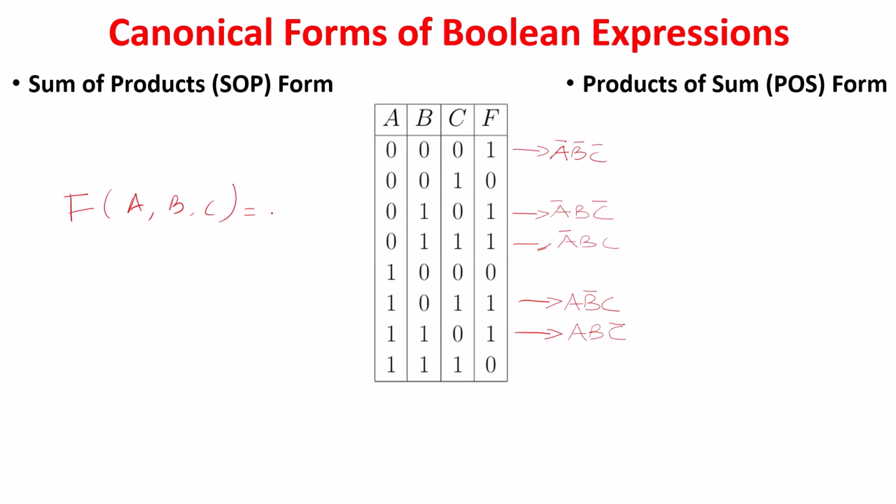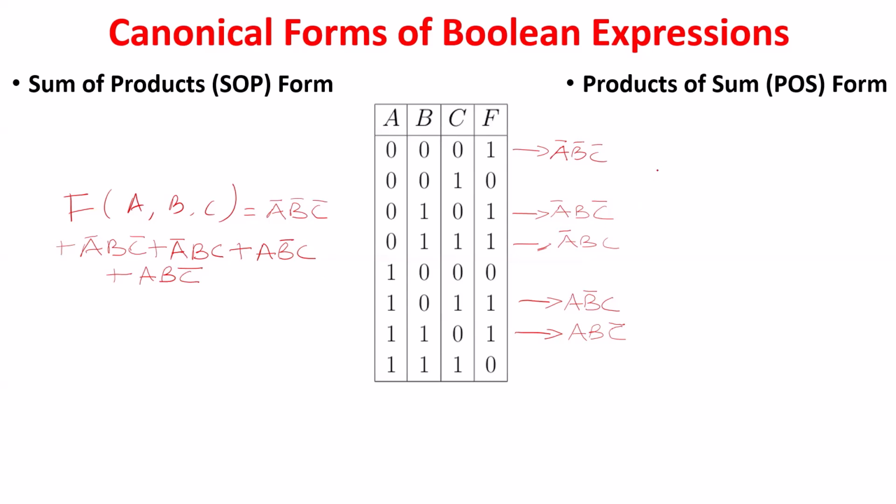In this case, the sum of products F of A, B, C is A bar B bar C bar plus A bar B C bar plus A bar B C plus A B bar C plus the last one, which is A B C bar.